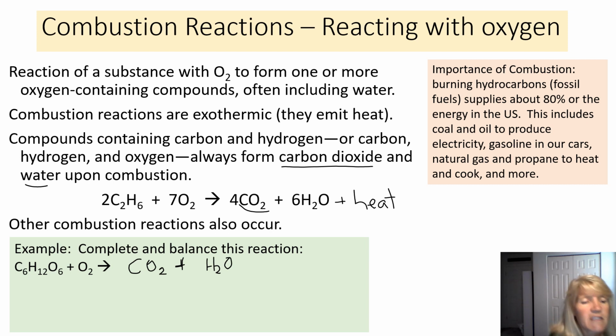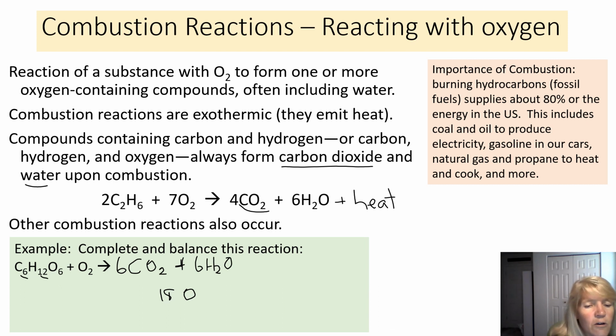All right, we have 6 carbons and 1 over here, so let's put a 6 in front of that. We have 12 hydrogens and 2 here, so let's put a 6 in front of this. And now let's count up our oxygens. Over here we have 6 times 2, that's 12, plus 6 more, we have 18 oxygens on this side.